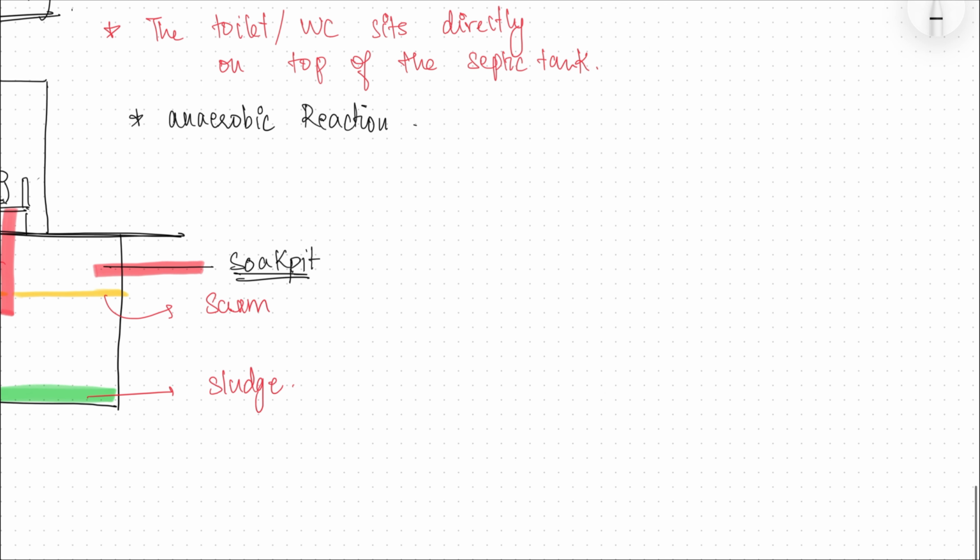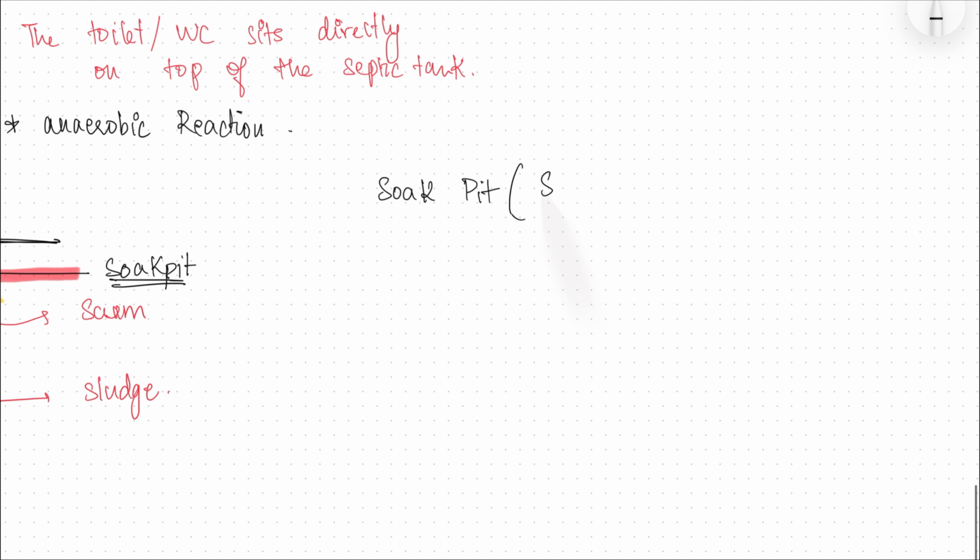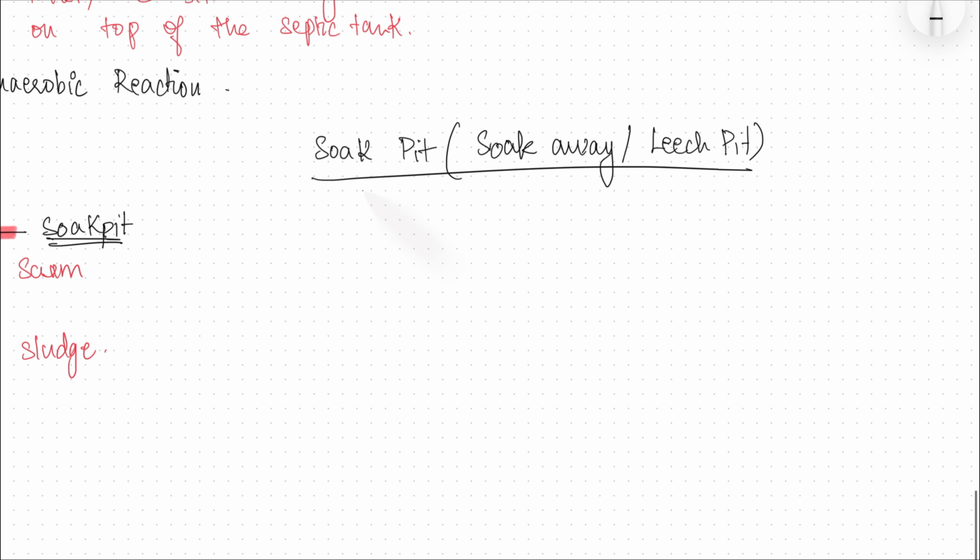Soak pit can also be called soak away or leach pit. And this is basically a rectangular or a cylindrical pit which is covered with rubble, gravel, and coarse stones, all those kind of material.